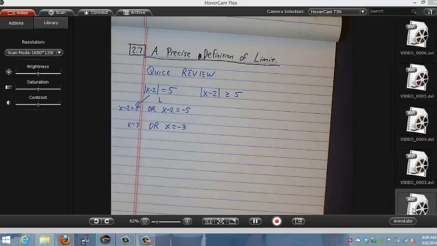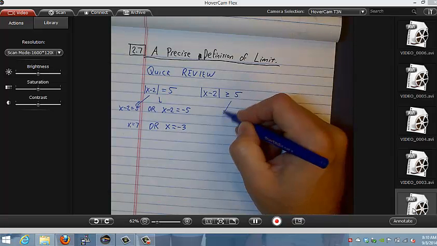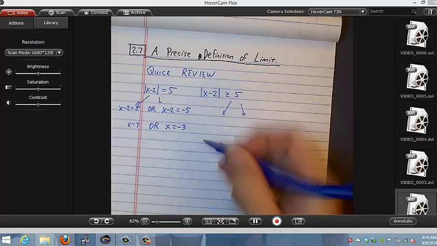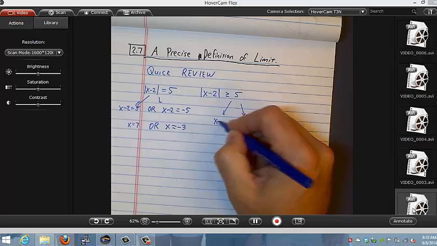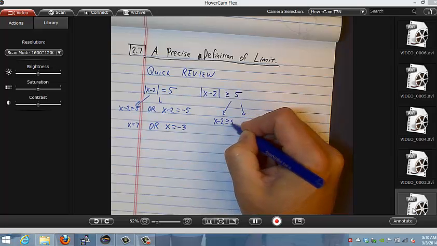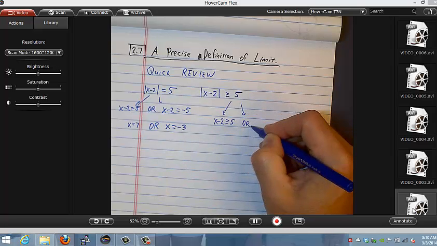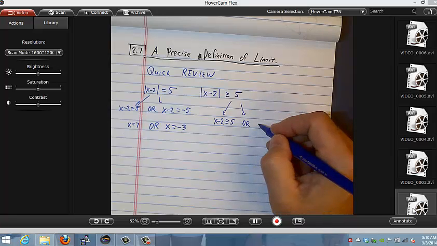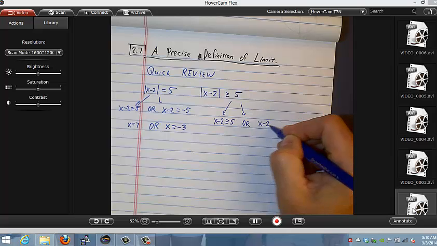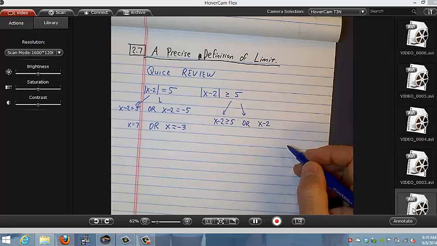And now, how do you tackle the inequality? Well, you do it similarly, right? You're going to say there's 2 possibilities. We either have x minus 2 is greater than or equal to 5, or, and do you remember the other one? You do x minus 2 is less than or equal to negative 5.